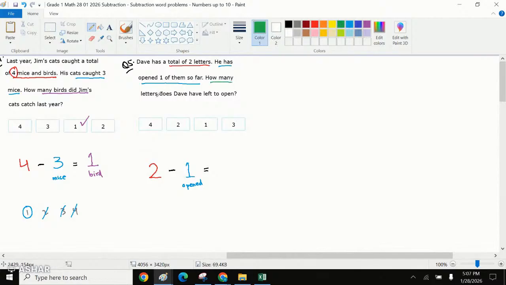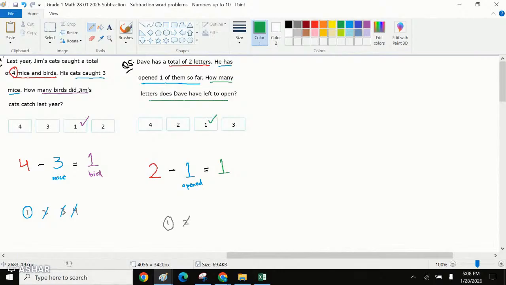How many letters does Dave have left to open? That means if we had 2 letters and he already opened one, he would be left with a single letter, right? So he is left with 1 left to open. That means 1 is the answer.